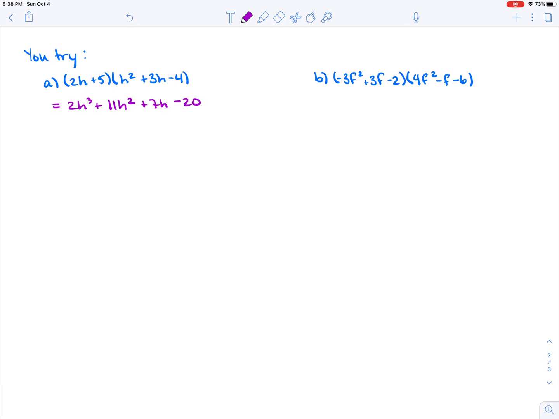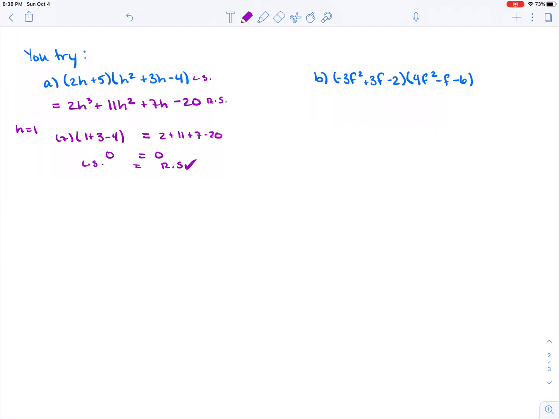And if you do the substitution check, letting h equal 1, if this is our left side and this is our right side, you should get 7 times 1 plus 3 minus 4, and that's equal to 2 plus 11 plus 7 minus 20, and what you should get out of that is 0 equal to 0. So our left side does indeed equal the right side.